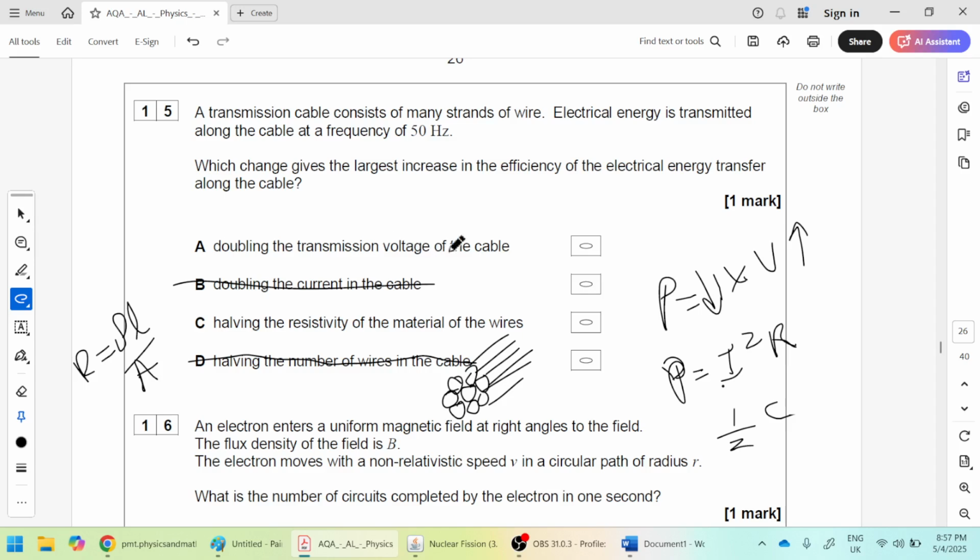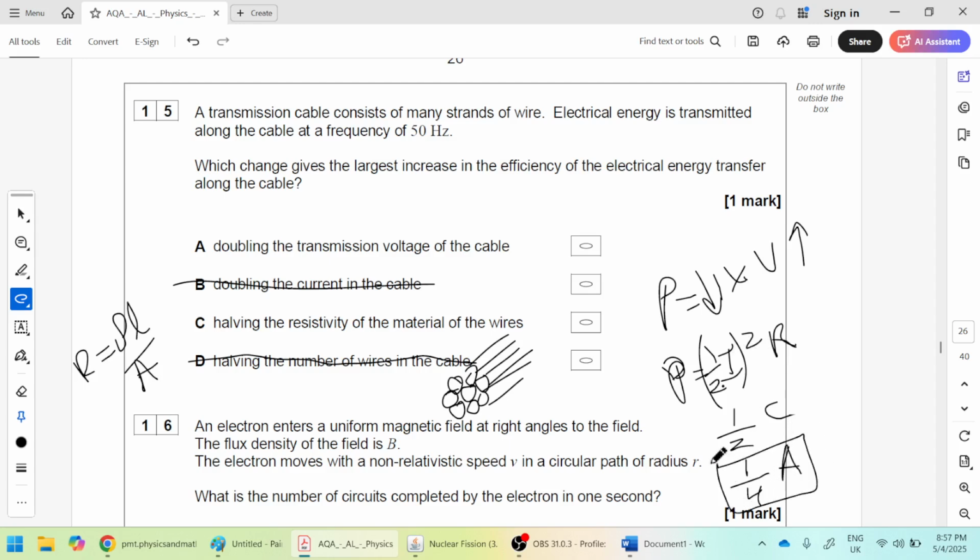Now, if you double the transmission voltage, the current is going to halve. And that half factor is going to apply to this current and it's going to get squared. When half gets squared, it becomes 1/4. So the power lost is going to become 1/4 of the power lost before.